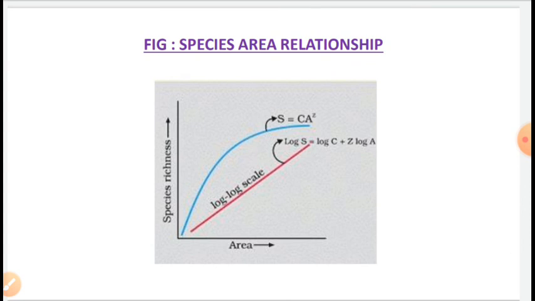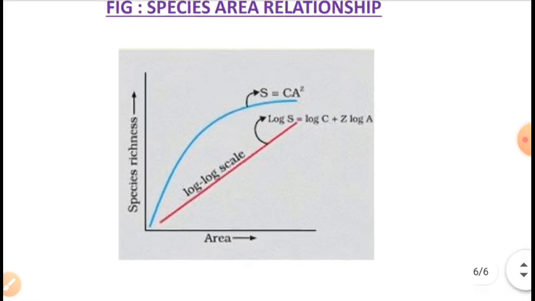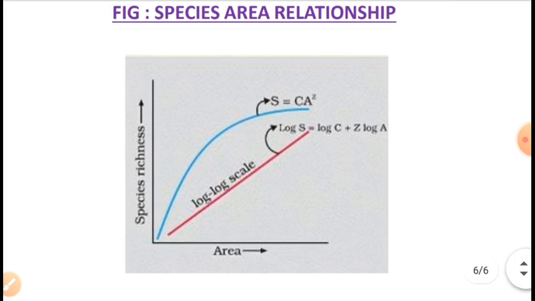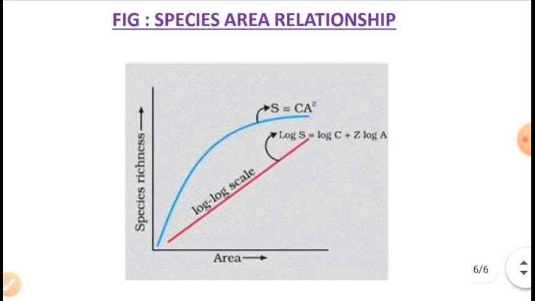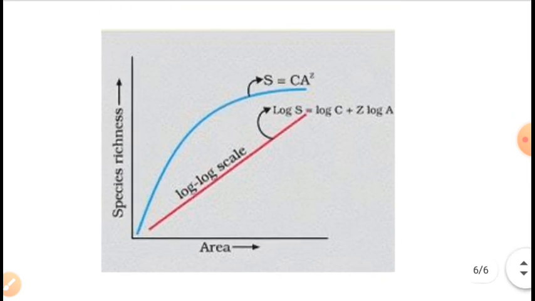Now let's study this figure related to the species area relationship. We have studied the formula and the log scale also. On a log scale the relationship becomes linear. Here you can see that area is given on the x-axis and species richness on the y-axis. In this graph you can see one straight linear line, and another that is not straight but shows curvature.